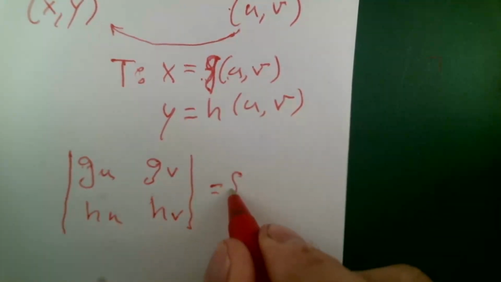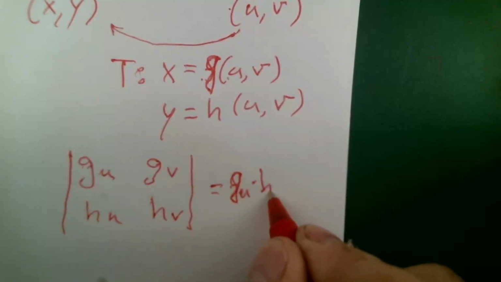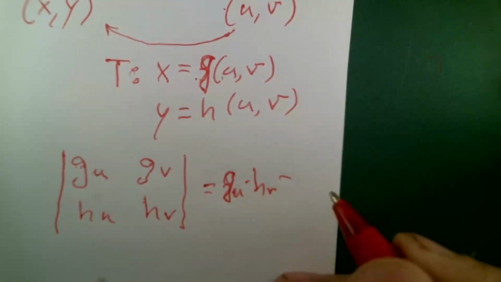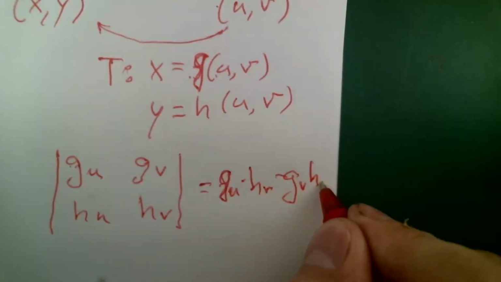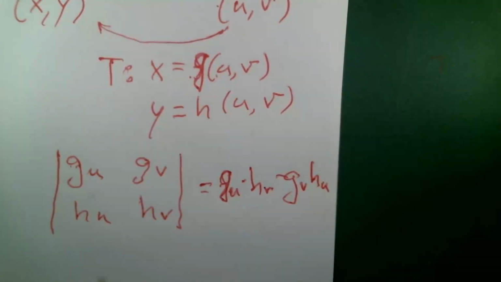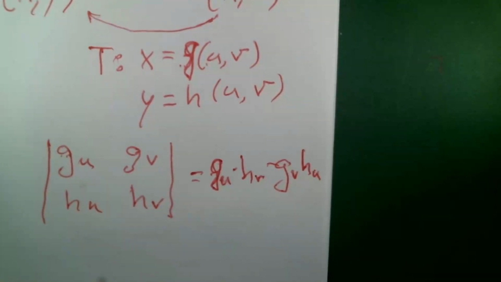You get g_u times h_v minus g_v times h_u. Just fit. I did make it tiny to fit it, but it just fit. Okay, so that's the factor by which the area element changes.